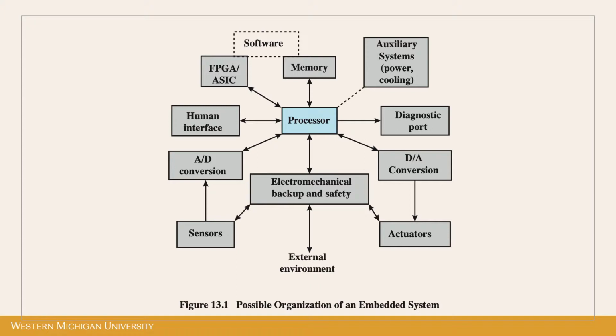A digital to analog conversion would hook out to the actuators for, once again, whether we're going to use those actuators to engage an anti-lock brake system or to deploy an airbag or something along those lines. This is just one way that we can arrange an embedded system to accomplish that goal and get all the information that it needs to that processor so that it can actually engage things when we need to engage them.